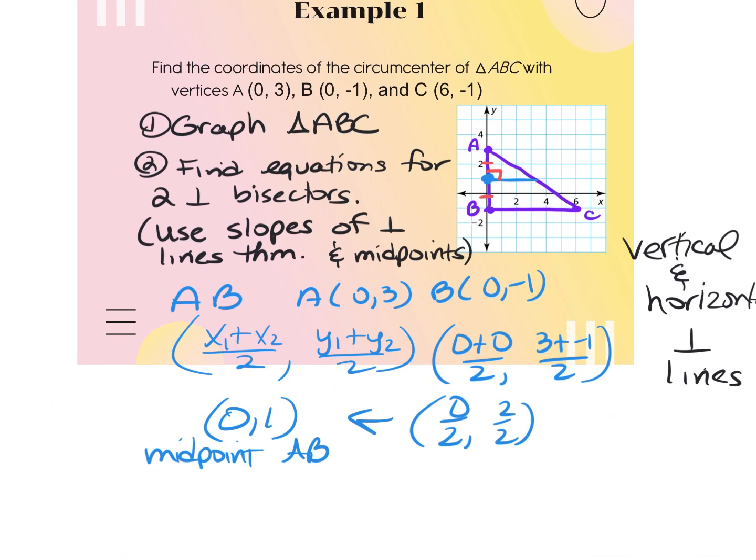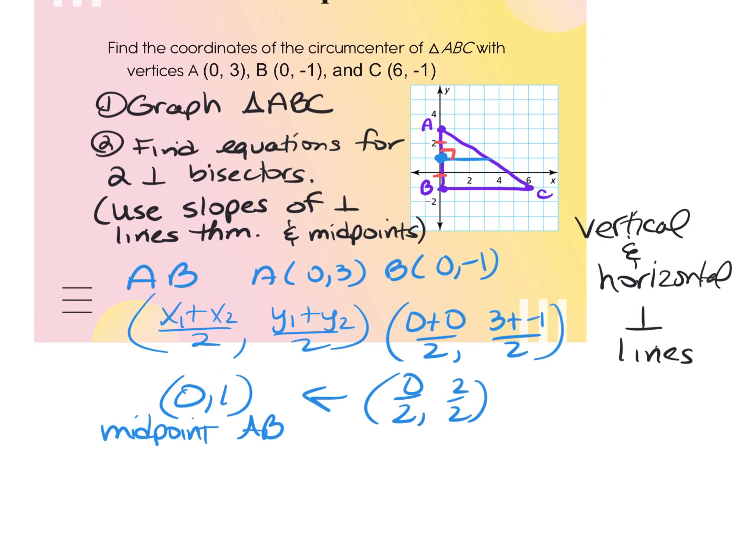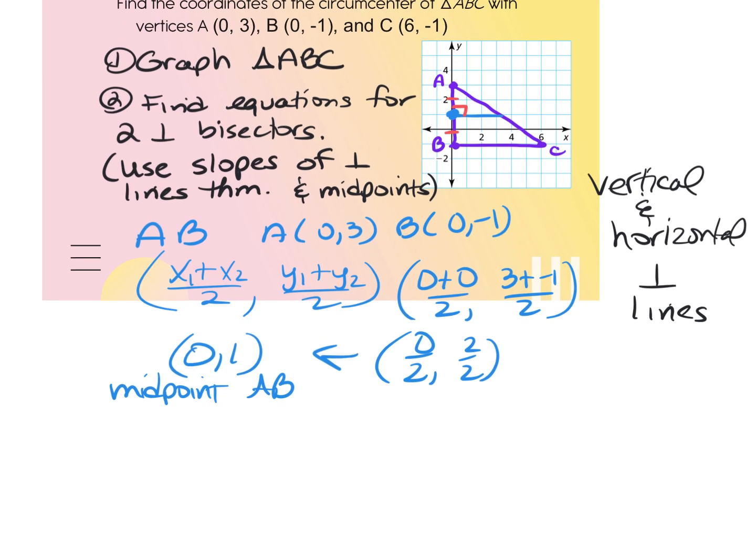Now, if this were not a right triangle, side AB of the triangle could be a diagonal line, and we would have had to calculate the slope of AB and then turn it to opposite reciprocal, then find the equation in y equals mx plus b, using that reciprocal and opposite sign slope with the midpoint, like number 9 in the homework last night. However, AB has a slope that's undefined, and I know that with the horizontal line, which has a slope of 0, these are my 2 equations. So the equation of that line that I just drew in blue is the equation y equals 1.